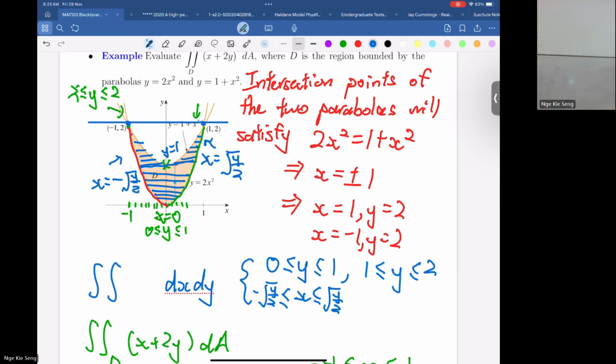Okay. How about y in between 1 and 2? So there are two possibilities, right? You should describe the left one and the right one. So how to describe this? Do you know how to describe this part of the curve here?